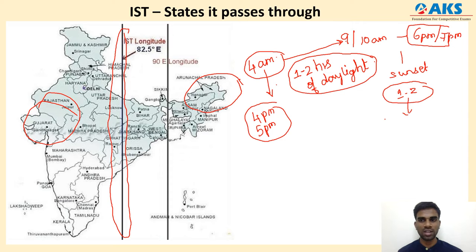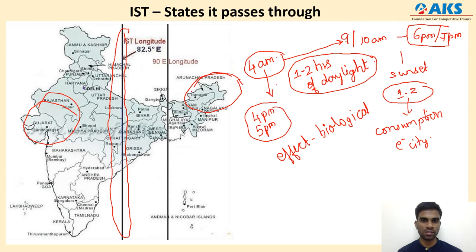This results in consumption of more electricity, as the offices have to run with electricity. It also has an effect on the biological cycle of the people living in the northeastern states, especially Arunachal Pradesh, Nagaland, Assam, Manipur, these particular places.